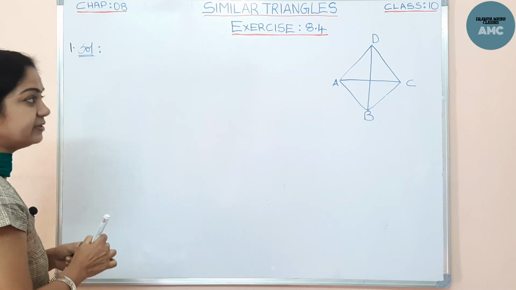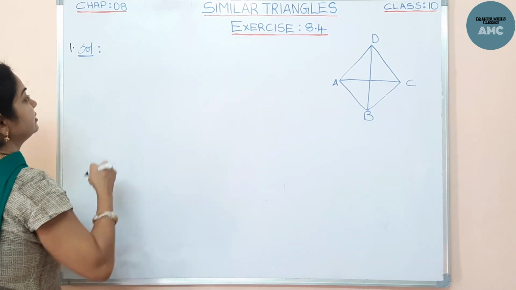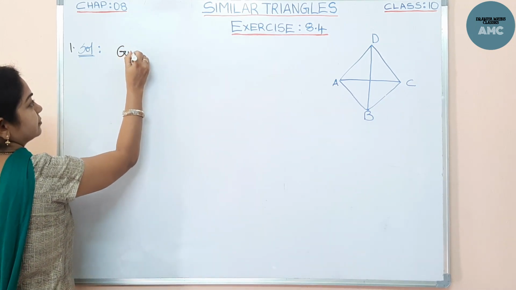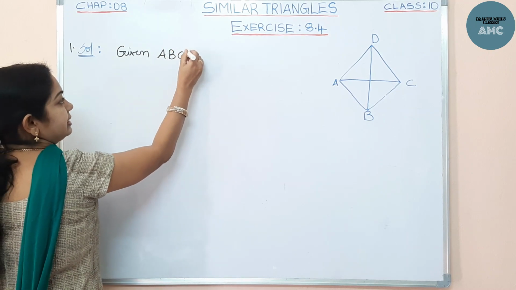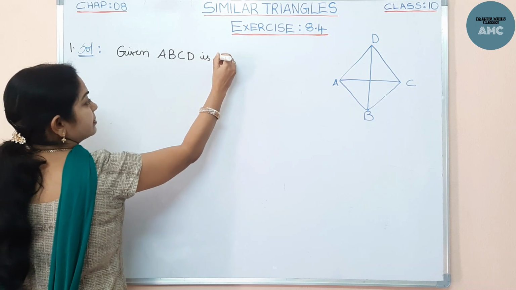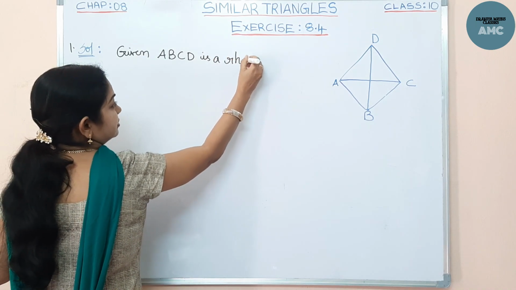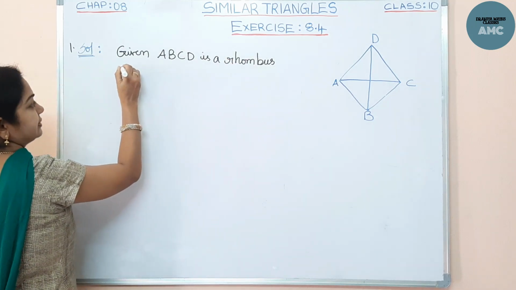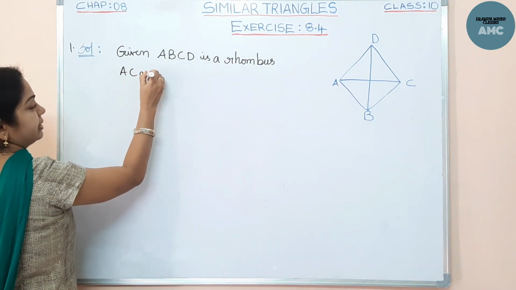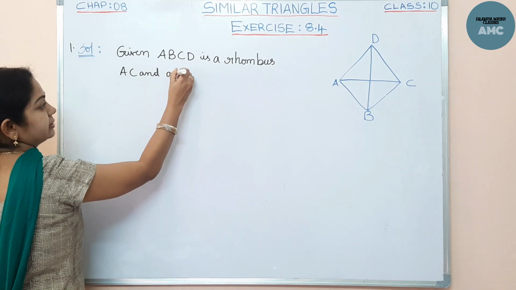Now, what is given first? We will write given: ABCD is a rhombus, where AC and BD are diagonals.